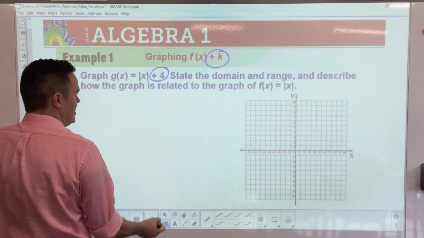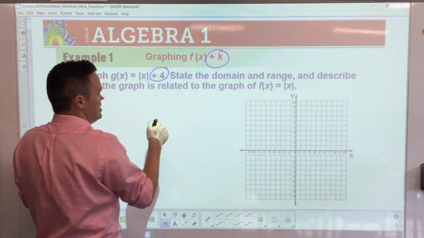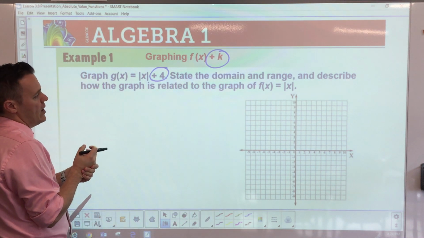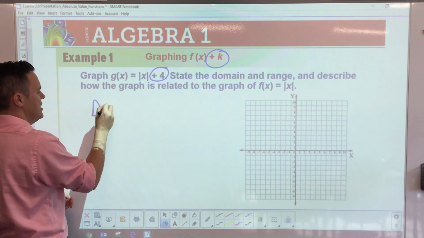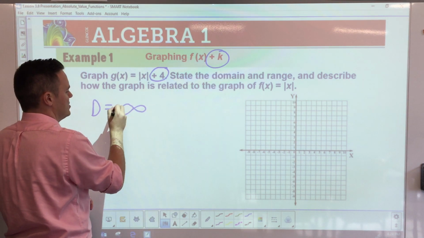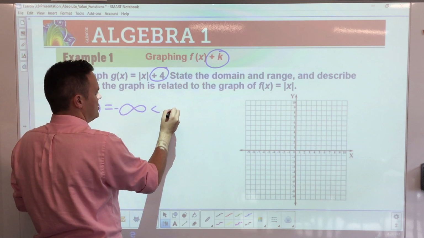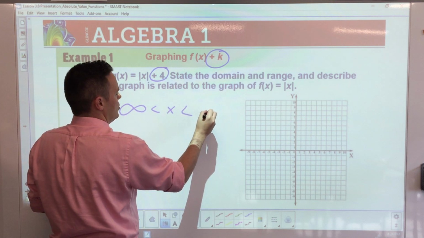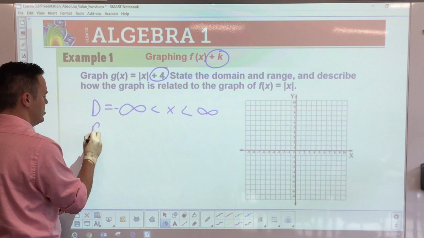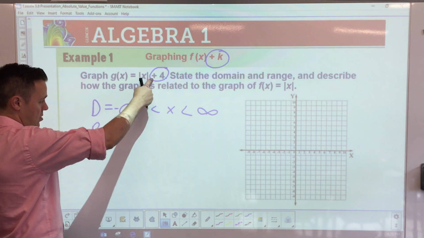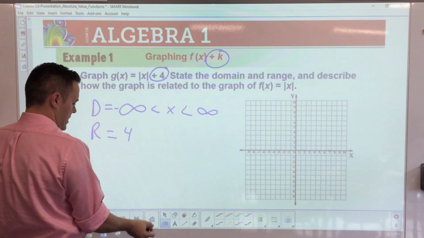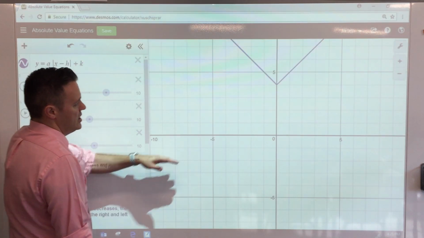State the domain and range, and describe how the graph is related to the function f of x. So the domain is all real numbers, negative infinity to infinity. My range starts at what? It's going to equal 4, because if you look back at your graph here, it starts at 4.